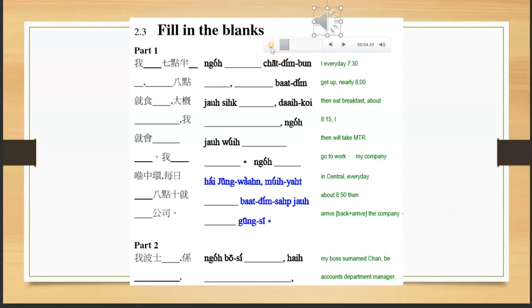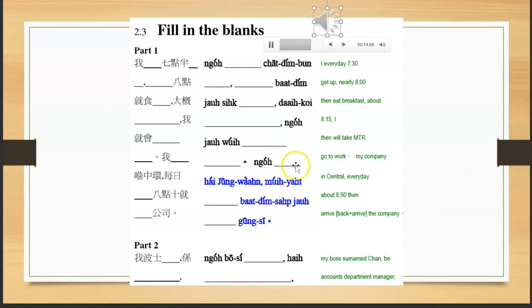Okay, next one. Literally it is 差唔多. So you can try to write down the romanization of 差唔多 to help you memorize. 8點就食早餐 here. Then take the metro to work.